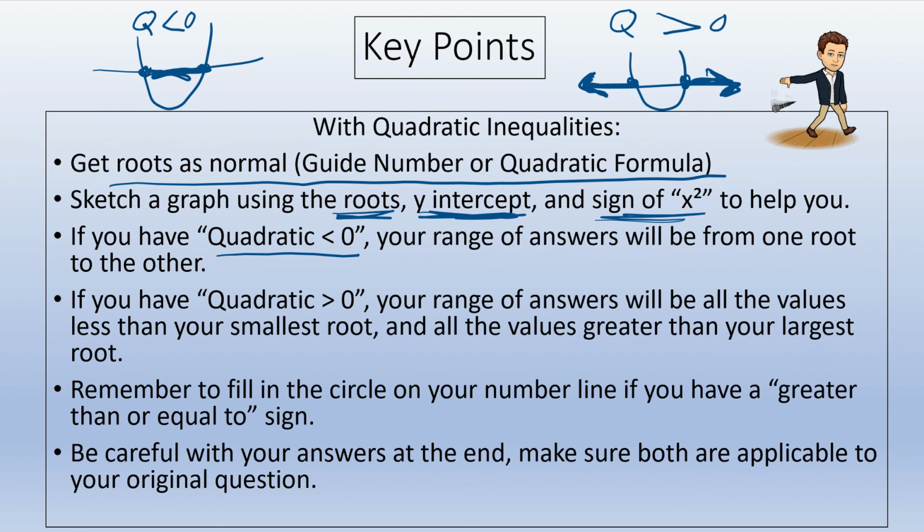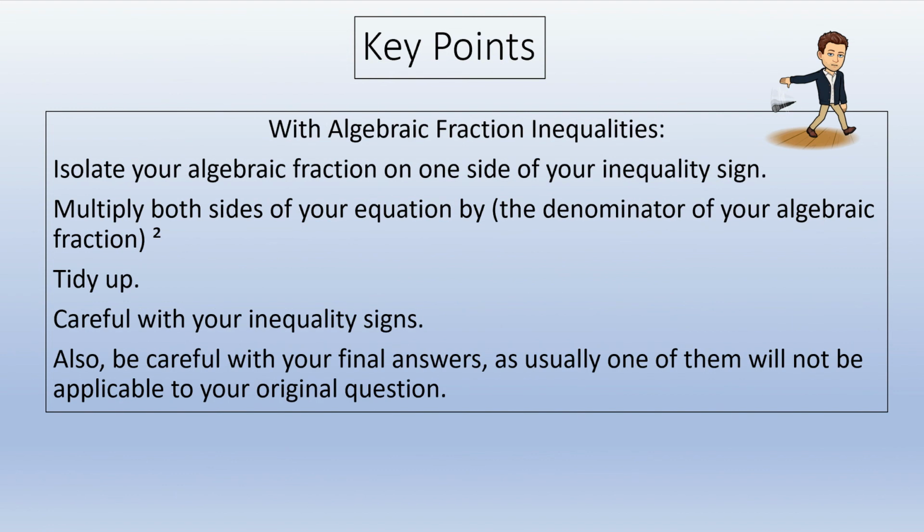Remember to fill in the circle on your number line if you have a greater than or equal to sign. So that goes back to your linear inequalities that you would have done at Junior Cert. And just be careful with your answers at the end, because as we saw in a couple of the questions there, some of our answers need to be tweaked, especially the ones with algebraic fractions, which I have some key points on as well.